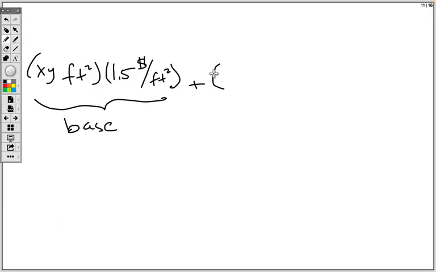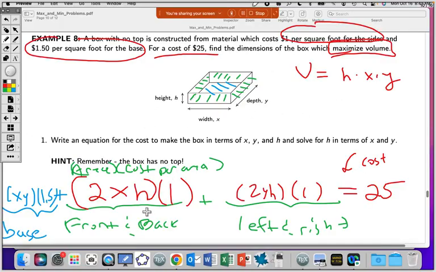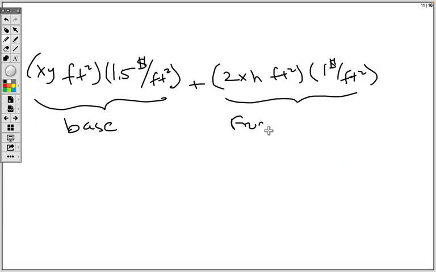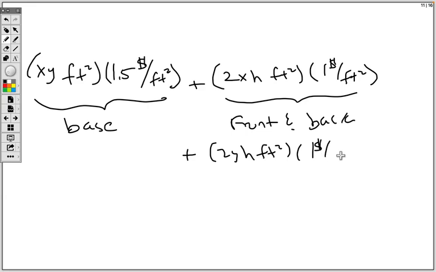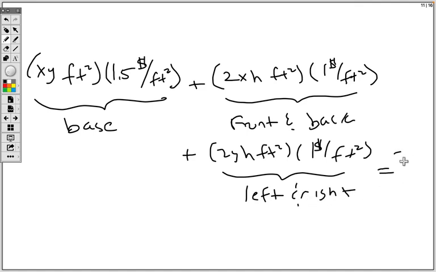Plus your 2xh feet squared times your $1 per foot squared. This is your front and back. Plus your 2yh feet squared times your $1 per foot squared. This is your left and right. And this all adds up to your total cost, $25.